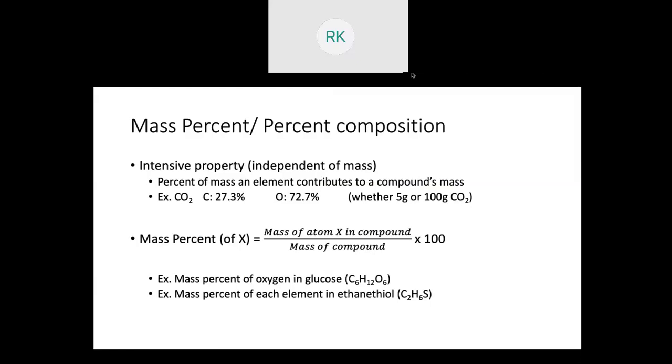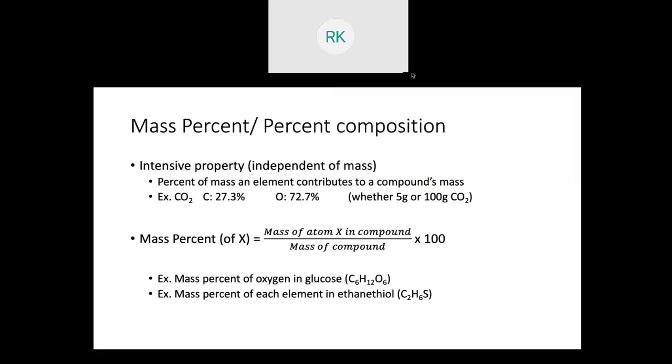So if we look at the compound CO2, carbon dioxide, we would find that carbon is 27.3% of the mass in carbon dioxide, and oxygen, the other component, is 72.7% of the overall mass of carbon dioxide.